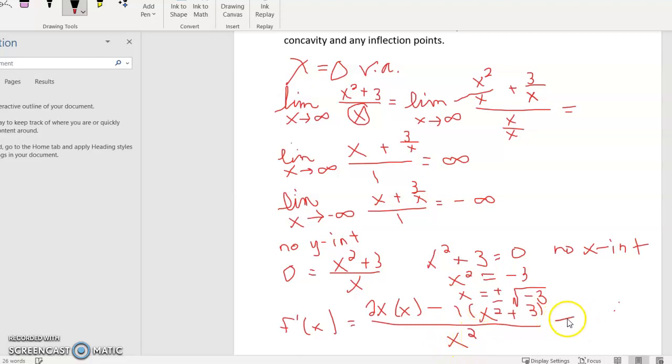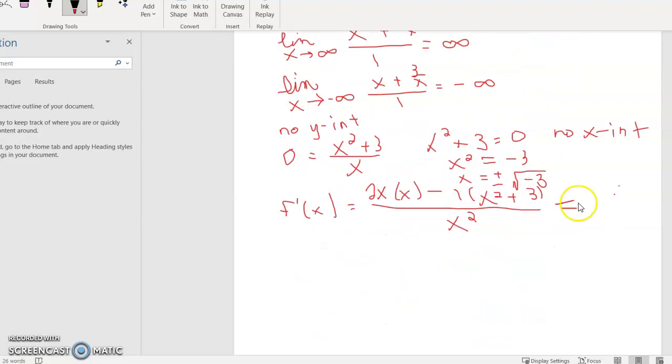All right, now, it's very important to clean up these rational function derivatives. So, let's see, we'll have 2x squared minus x squared, and take that minus sign through, minus 3, over x squared.